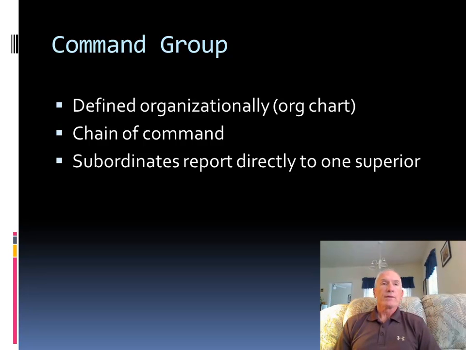Implicit in that is a chain of command, lines of authority and responsibility. In theory, at least, subordinates report directly to one superior, where we can trace a line of authority all the way from the top, the chief of police, to any particular individual, clearly identifying the lines of authority and responsibility within the organization.